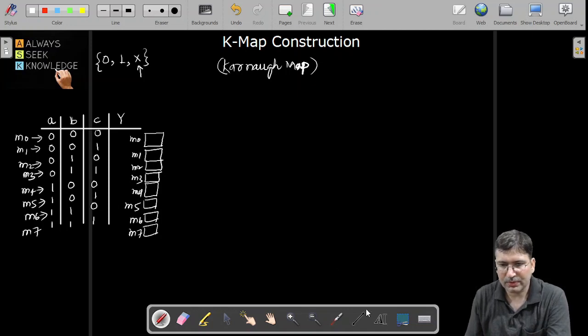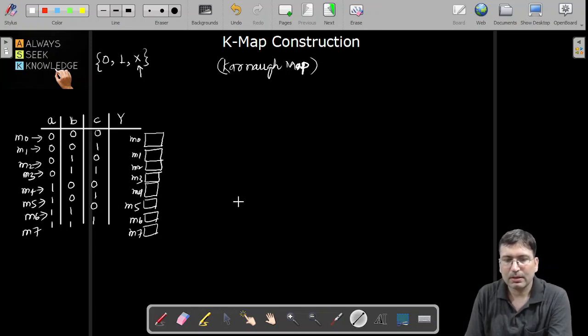Now let's see how we construct the K-map. If we arrange these 8 cells, what we exactly do is try to construct the K-map by following the adjacency rule.